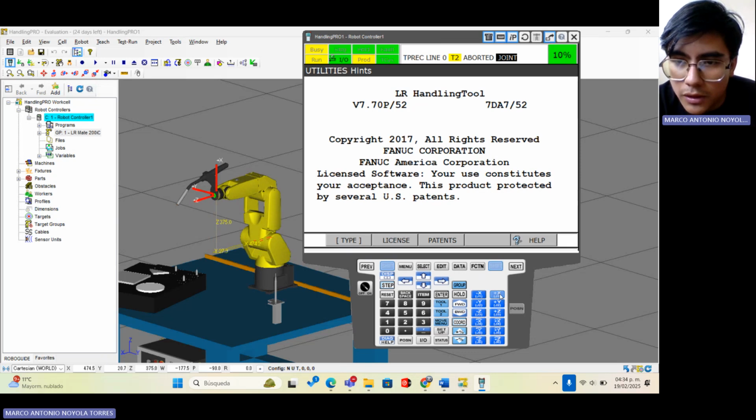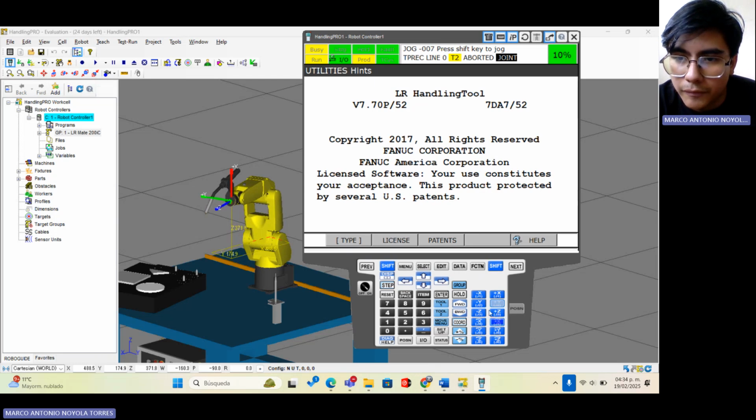For example, in this case, I move the first joint, then pressing the shift key, we can move the second joint, and also we can move the six joints in negative or positive directions, depending on the key I press.